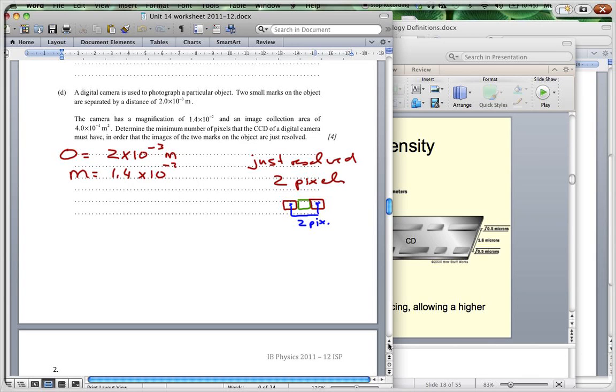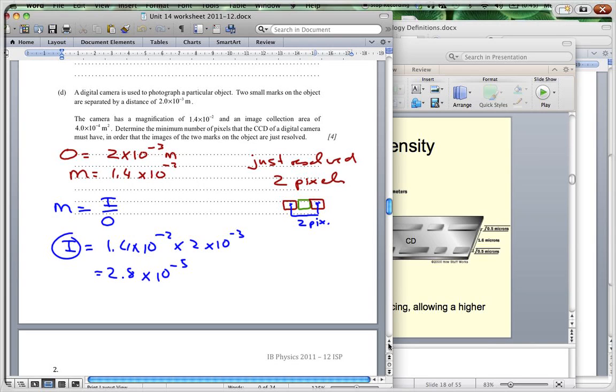So that's the minimum distance where you will get it resolving. From this we can work out what our image distance is going to be, because our magnification is equal to our image over our object. So the image is going to equal 1.4 times 10 to the negative 2 times 2 times 10 to the negative 3. So we get 2.8 times 10 to the negative 5. That's going to be our image distance.